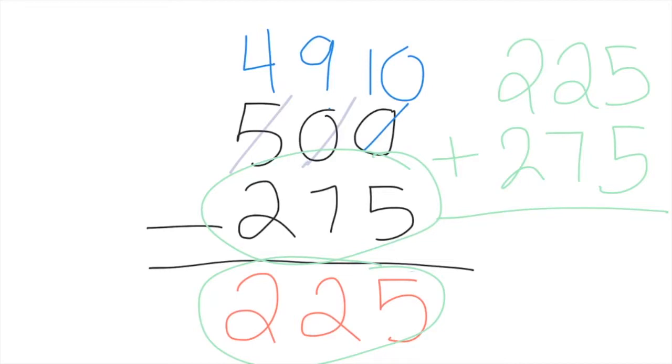So 5 plus 5, we have 10, 7, 8, 9, 10, and then 1 plus 2 is 3, 3 plus 2 is 5. So this helps us know that we did it correctly.